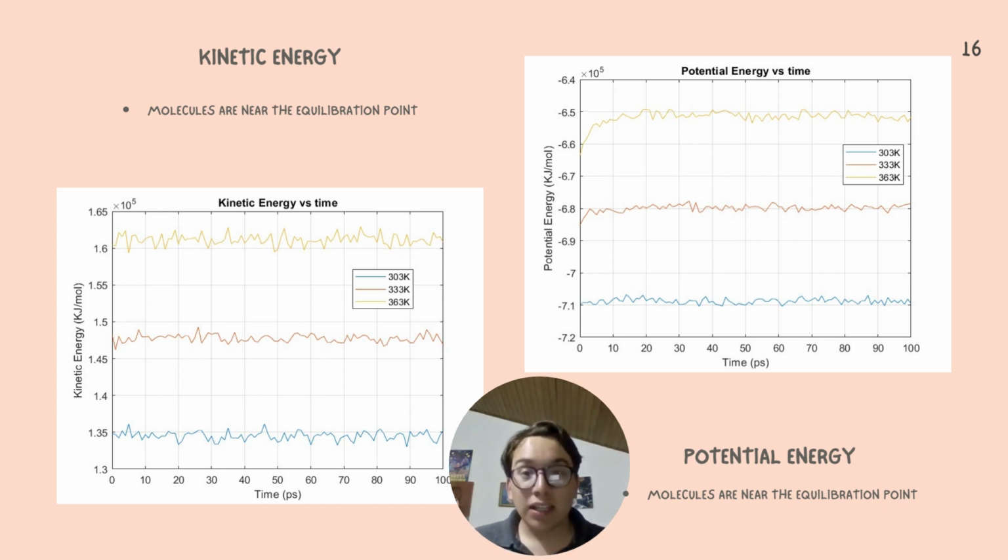But on the other hand, as we saw in these graphs, the potential energy and the kinetic energy try to stabilize in order to get to the calibration point. That's the reason we can see little fluctuations in the graph.